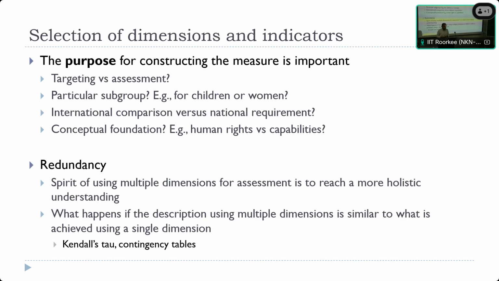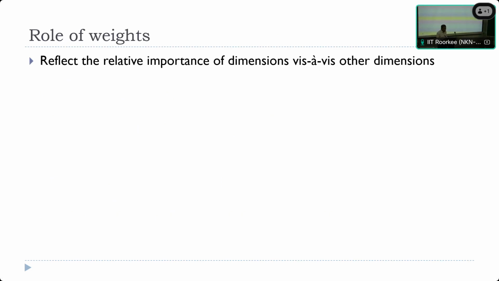Okay, I will present some discussions about weights. In general, weights reflect relative importance in a composite indicator setting. Weights reflect the importance of one dimension or indicator vis-a-vis another.